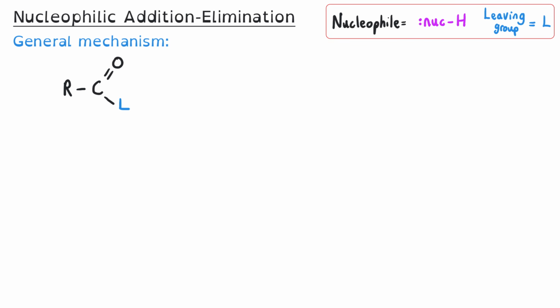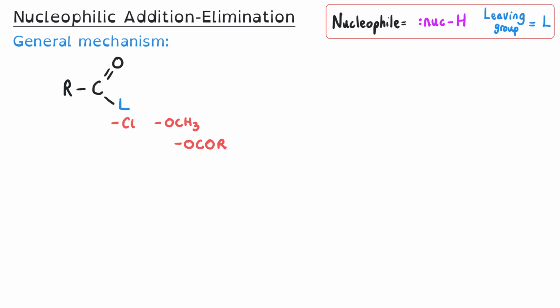If I generalise and I use my acyl chloride or acid anhydride or my ester represented in this way, where we've got the carbonyl group and the carbon chain, and we've got L representing the rest of the molecule, which might be a chlorine, it might be an OCH3, or it might be the rest of an acid anhydride.